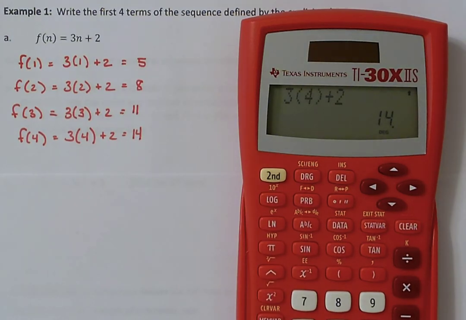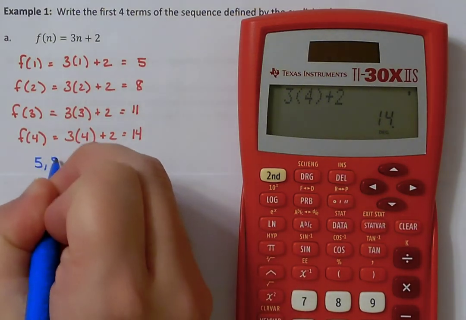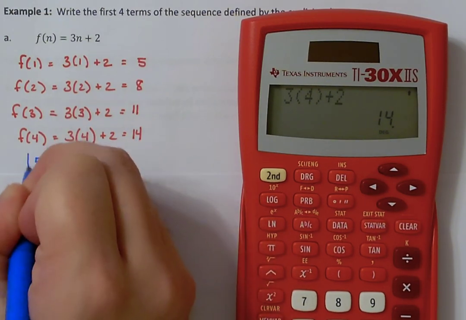So I have my first 4 terms. I have plugged in 1, 2, 3, and 4 into my explicit rule. We've gone through and discovered my first 4 terms. So my first 4 terms of the sequence is 5, 8, 11, and 14.